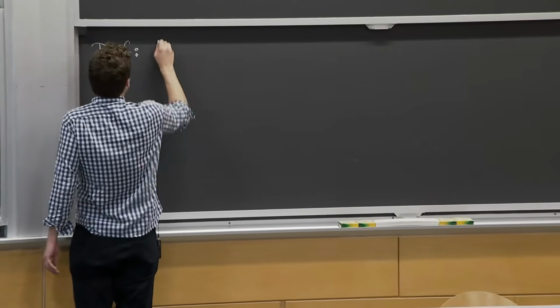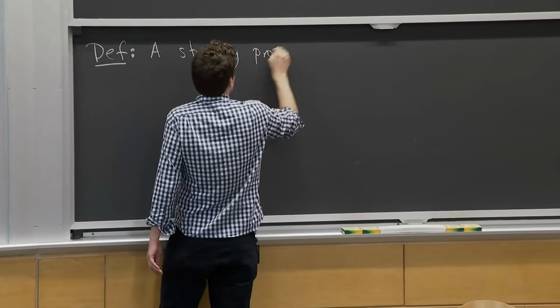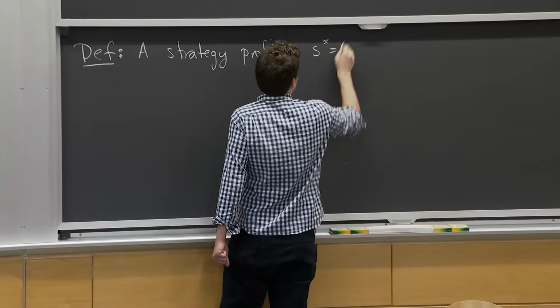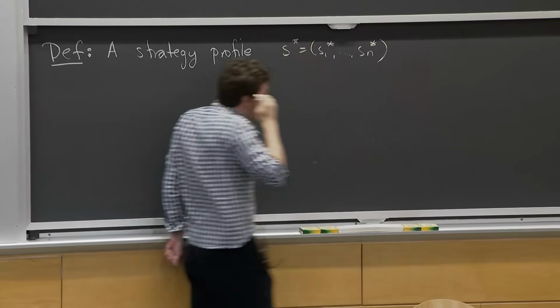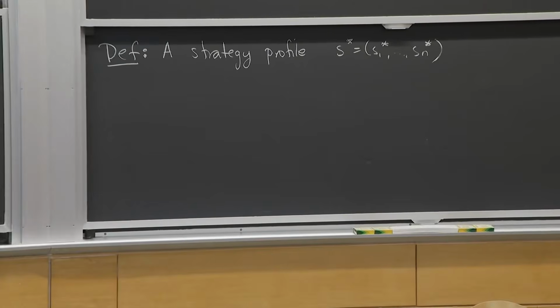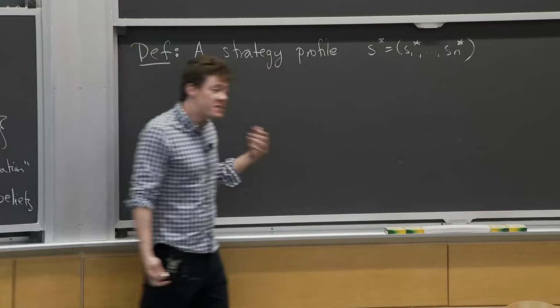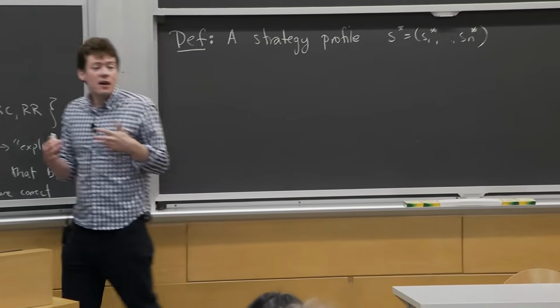Anyway, okay, so a strategy profile. Let me just stop here and say I think this is really an important aspect of the definition. The thing that a Nash equilibrium will be is a strategy profile. Often a mistake students make on exams is they're asked to give an equilibrium, and they don't give a strategy profile.